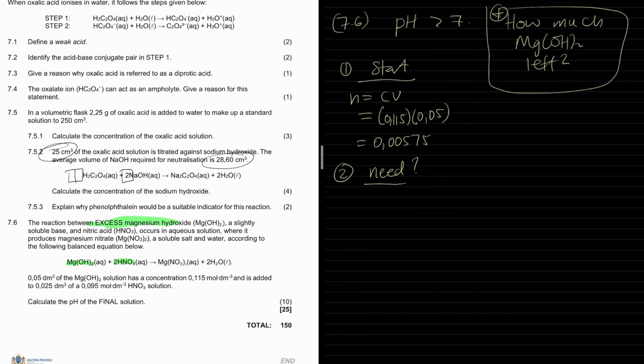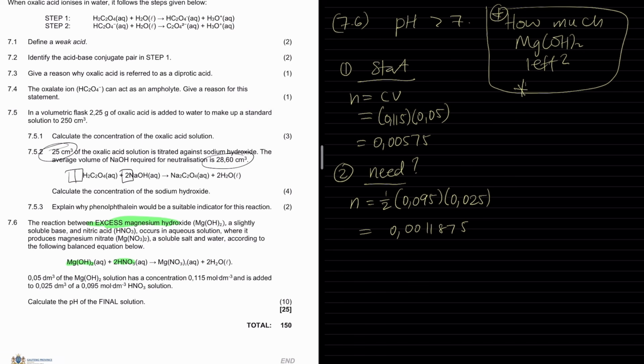So the number of moles that I need is going to be half of the number of moles of the acid. To calculate the number of moles of the acid, I'm going to do CV again: 0.095 times 0.025, and that's going to be 0.001185. That's how much I need.